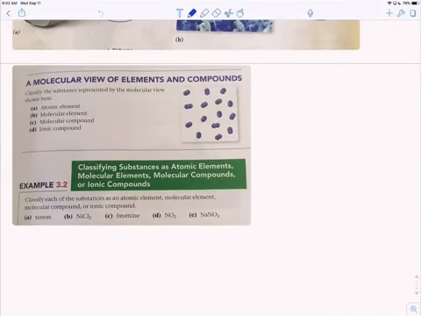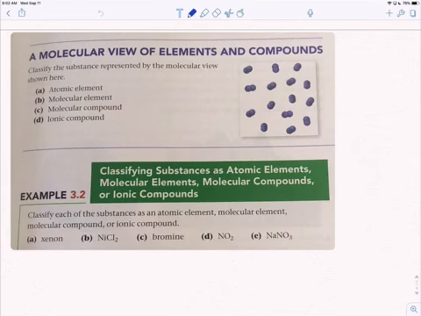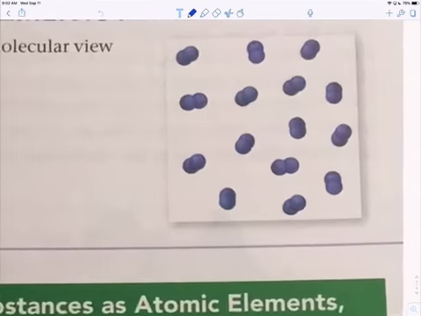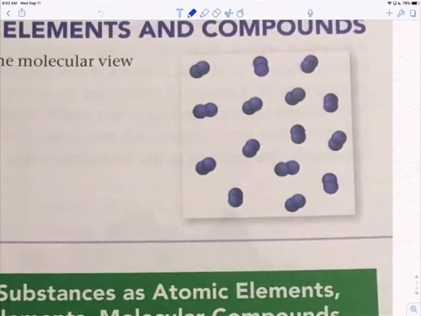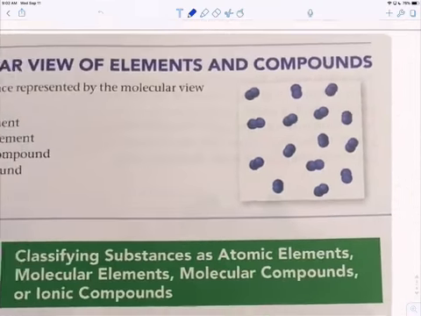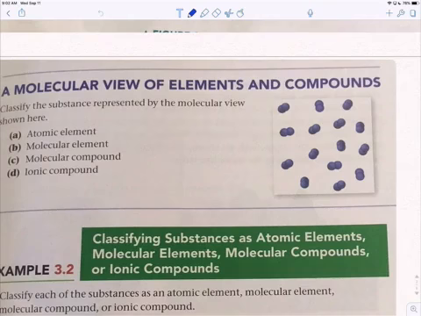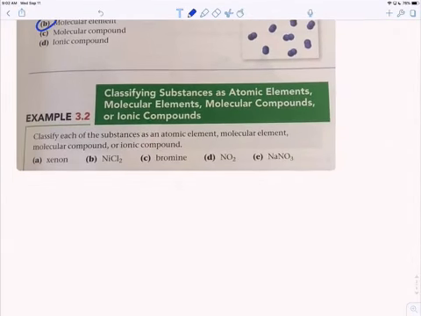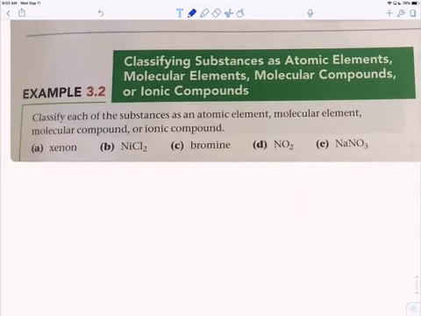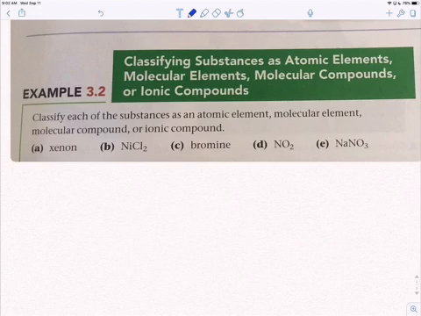Looking at this on the right, this is a group of atoms together forming a molecule. This is a covalent bond. So this is a molecular element, and the atoms are all the same. Let's look at a couple of these. Classify these as atomic element, molecular compound, or ionic compound.